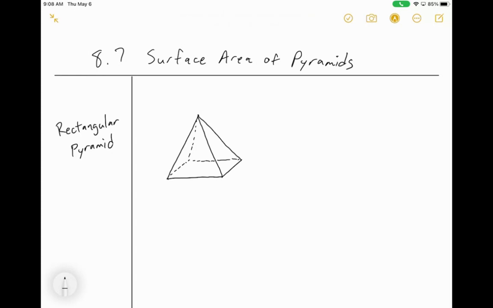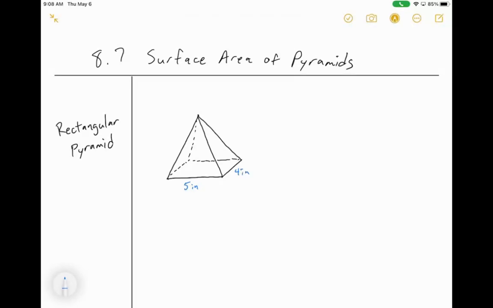All right, so there's a rectangle on the bottom. So let's go ahead and put some numbers. Let's say that this is 5 inches. This is 4 inches. Okay.